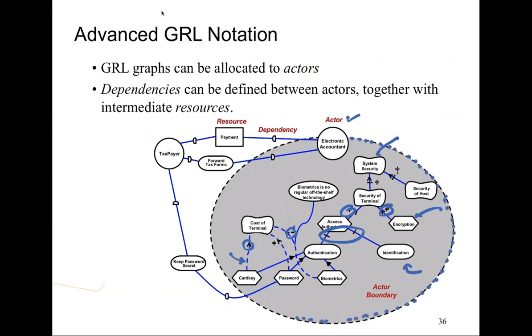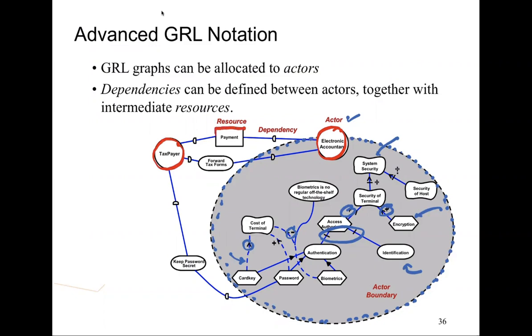Actors could be connected, so you could have an actor as a stakeholder, as I said before, or you could have an actor as a component of the system. If you are interested in connecting an actor with another actor, like an actor called electronic accountant and another actor called taxpayer, you could connect them based on dependency through intermediate resources.